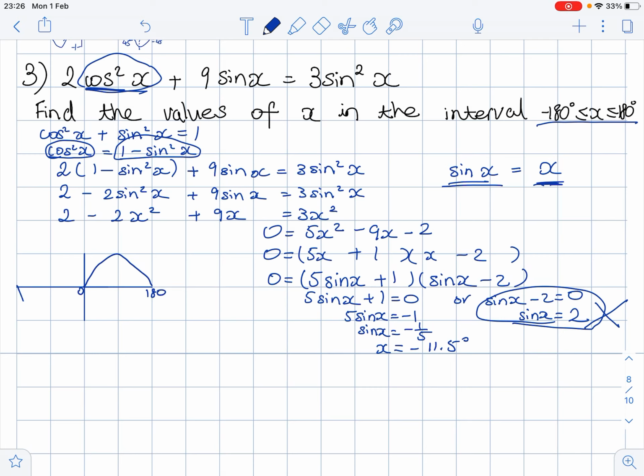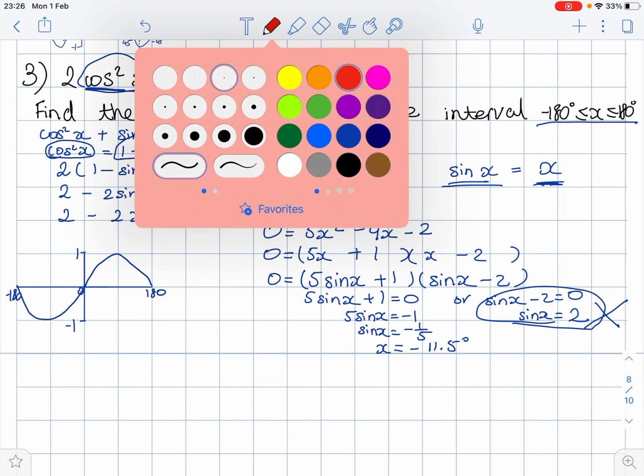So this is 0, this is 180. So this is the part of the graph we are interested in, minus 180. And the maximum is 1 and the minimum is minus 1. So sin x can never be equal to 2, so that's not a correct solution.